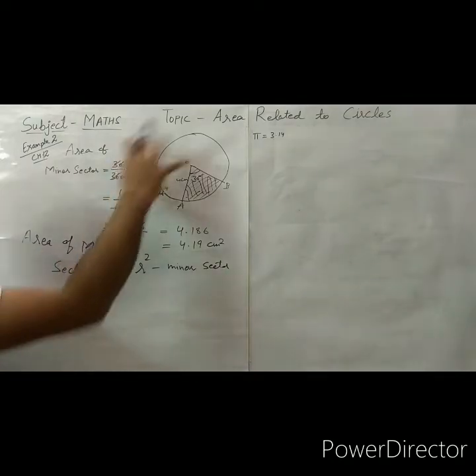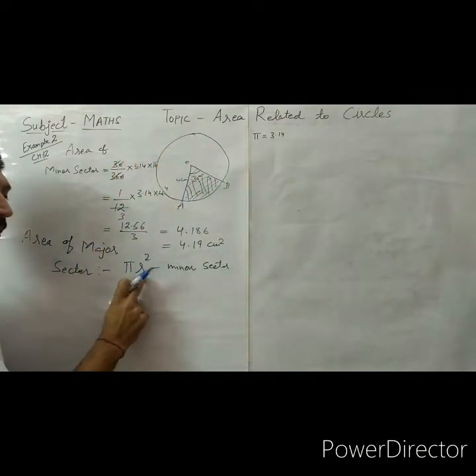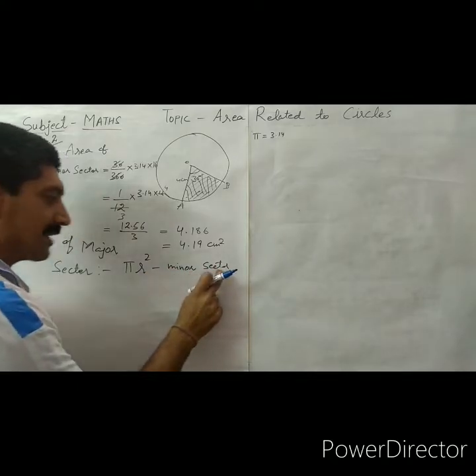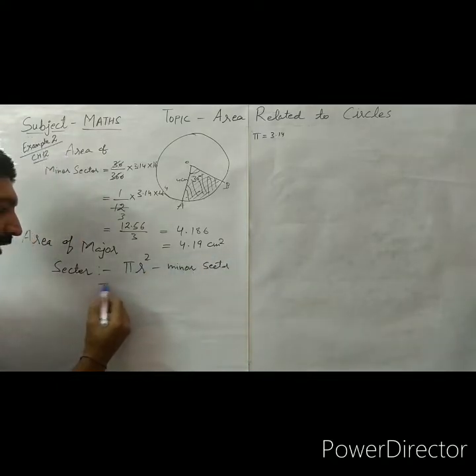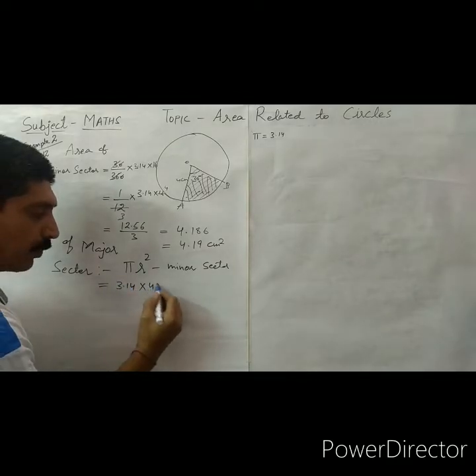So the unshaded area is equal to the area of the complete circle minus the area of the minor sector. Here again we have to take the value 3.14, r is 4 into 4.